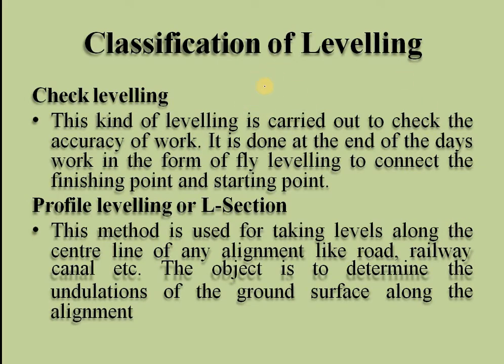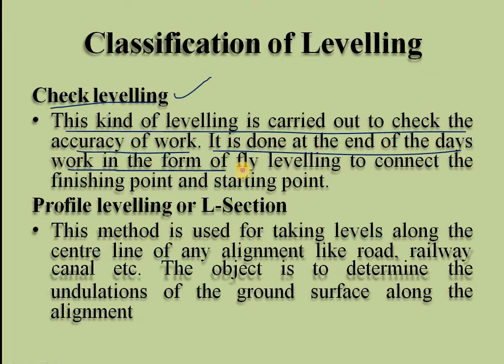And the next one is check leveling. What is check leveling? This kind of leveling is carried out to check the accuracy of work. It is done at the end of the day's work in the form of fly leveling to connect the finishing point and starting point.